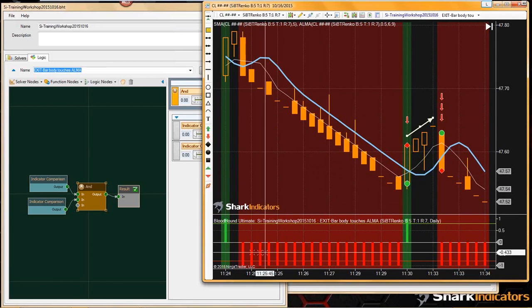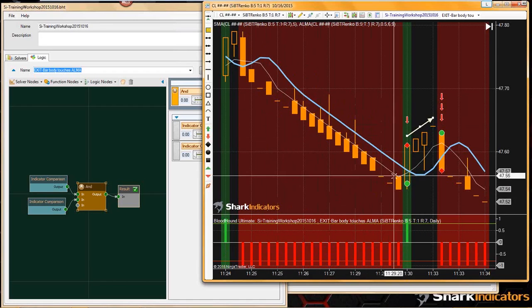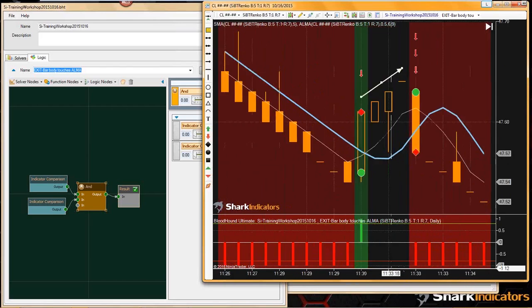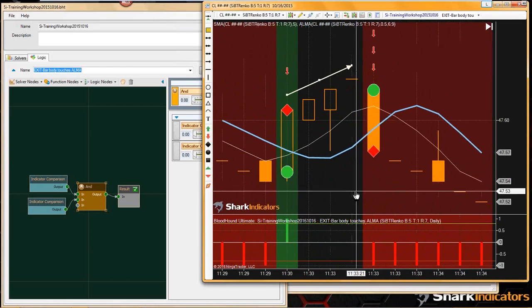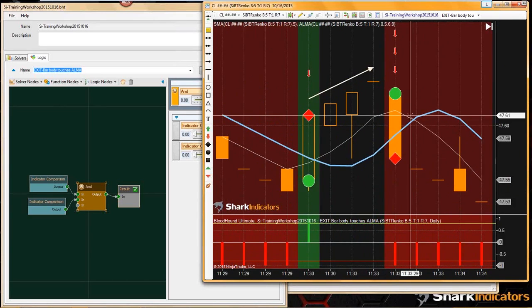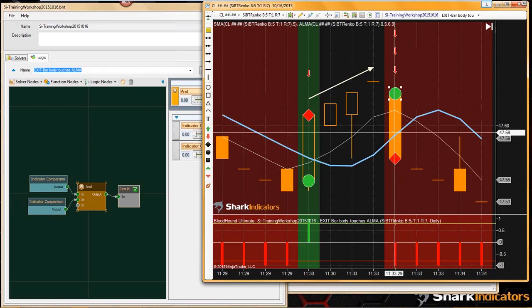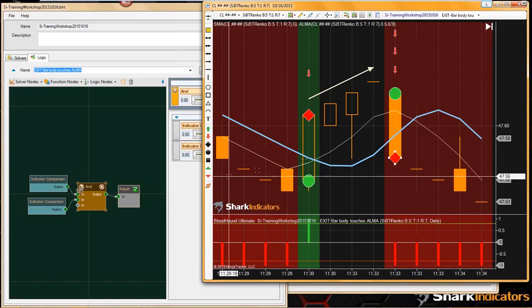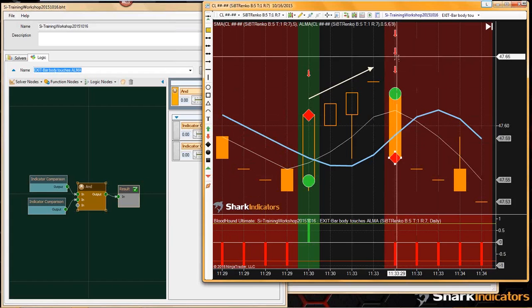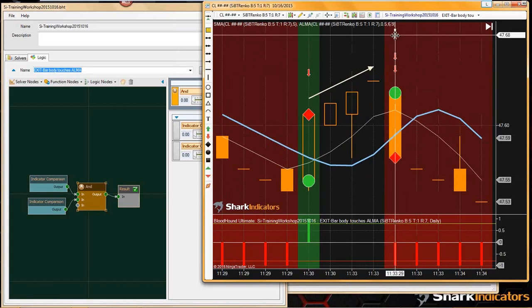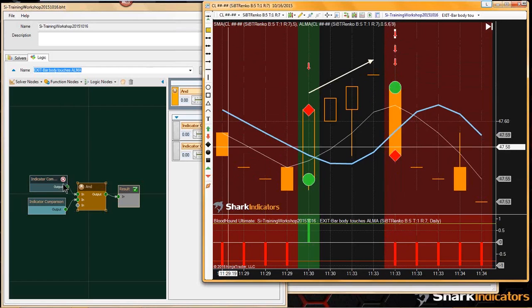You can see that there's all kinds of short outputs here, so we definitely don't have something set up right. Let's analyze this a little closer. We need the open price to be above our indicator, and the close price needs to be below our indicator. And remember, we're generating a short signal.